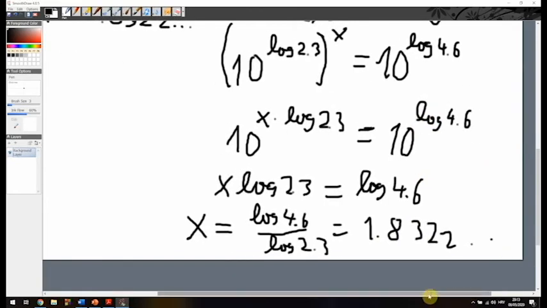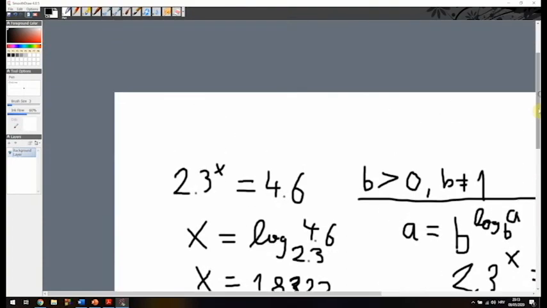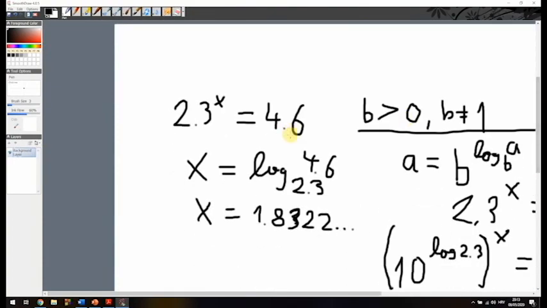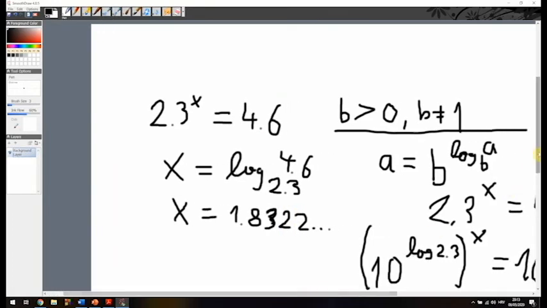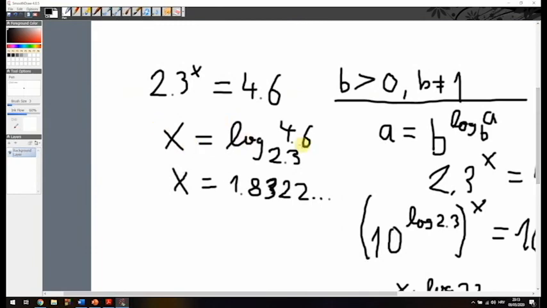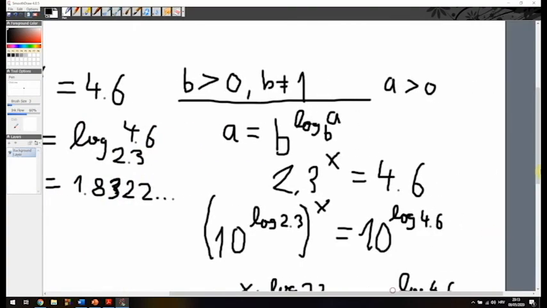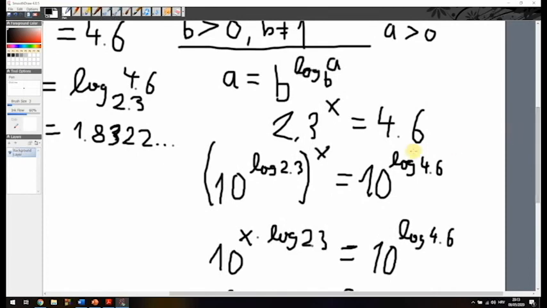Okay, so let's recap. We had an equation 2.3 to the power of x equals 4.6, and we solved it one way here pretty quick. So we just used the logarithm in base 2.3, and that's it. But in the other way, we used this little formula.